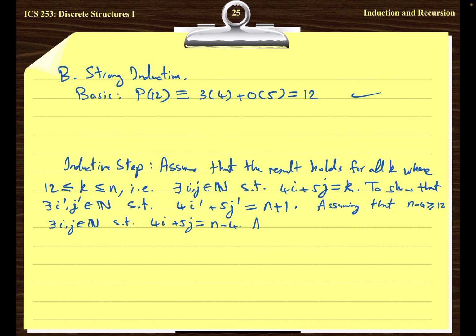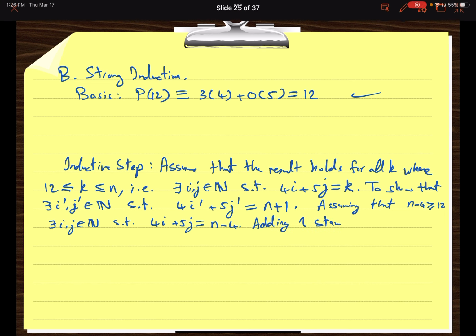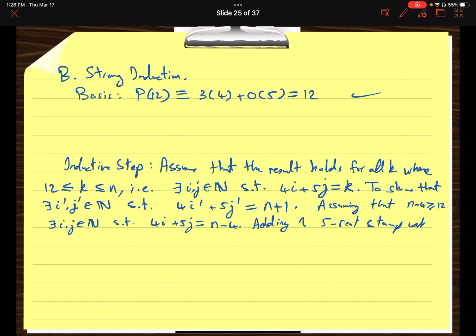طيب, adding one 5-cent stamp will do the job. صح ولا لا? Adding one 5-cent stamp will reach the value n plus 1, because 4i plus, الآن ايش الj prime راح تكون؟ j plus 1, 5 times j plus 1.